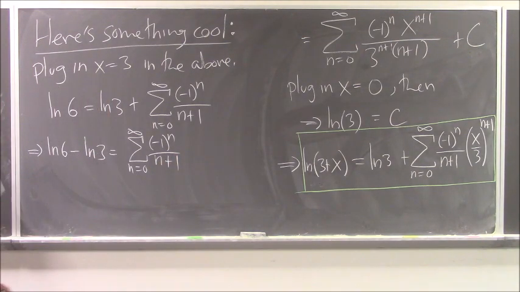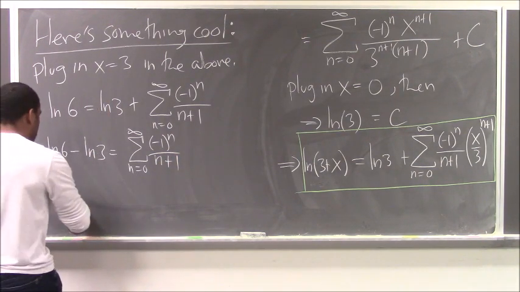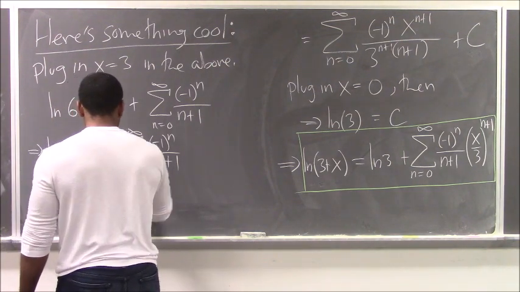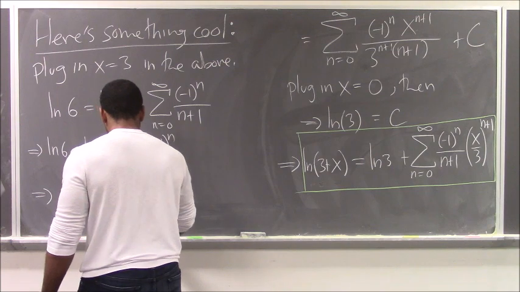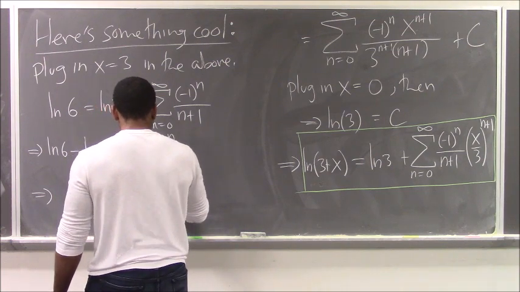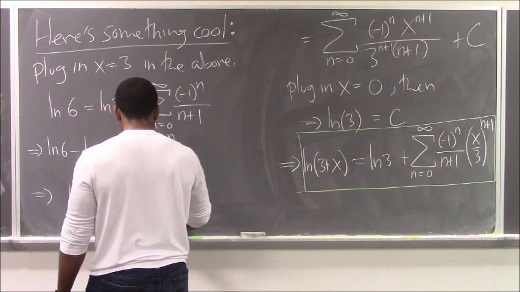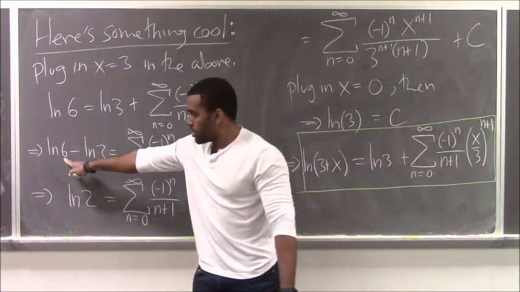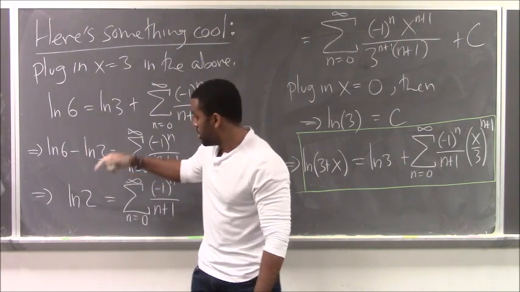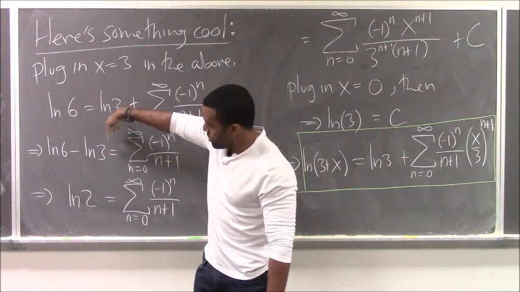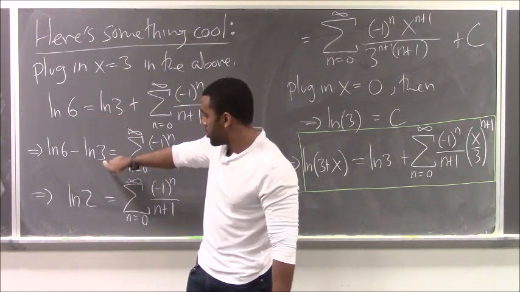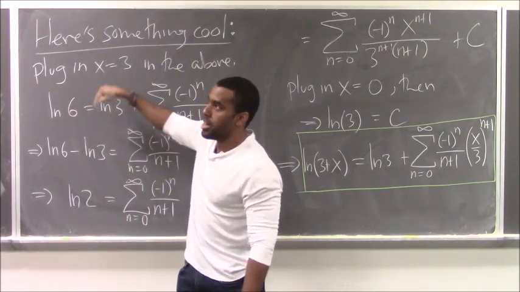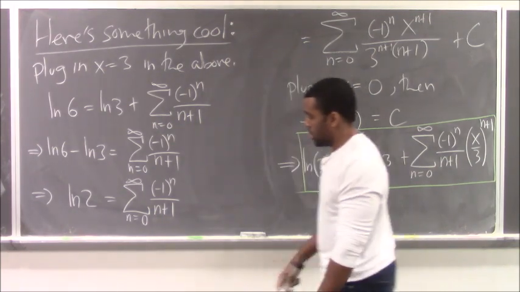Now ln of 6 minus ln of 3, that's actually just ln of 2, because ln of something minus ln of something is ln of the division. So ln of 6 minus ln of 3 is ln of 6 divided by 3, which is ln of 2.